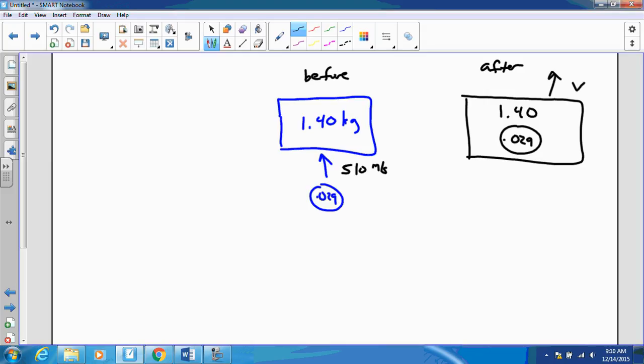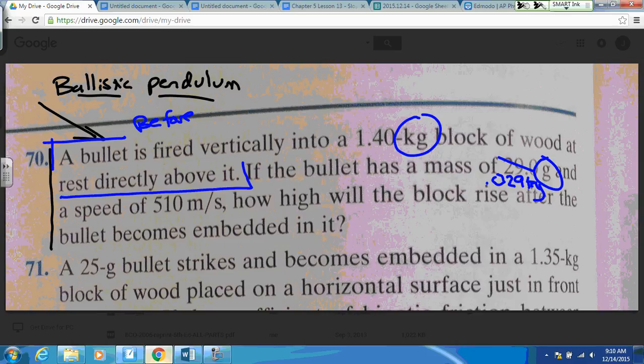But what's slightly weird about this is that it then asks, how high will it rise? Which is strange because the whole rising part happens after the after part. You understand what I'm saying? All I'm doing is talking about how we break the problem down verbally.